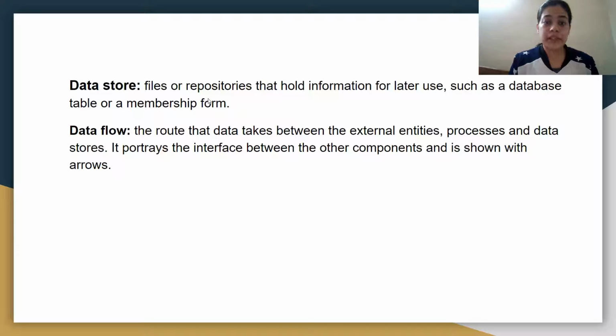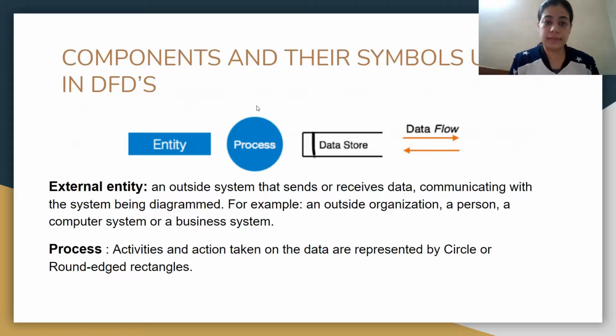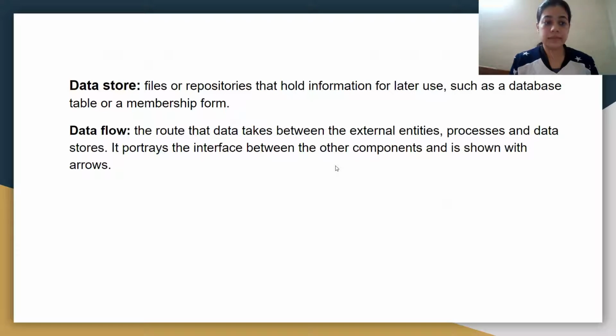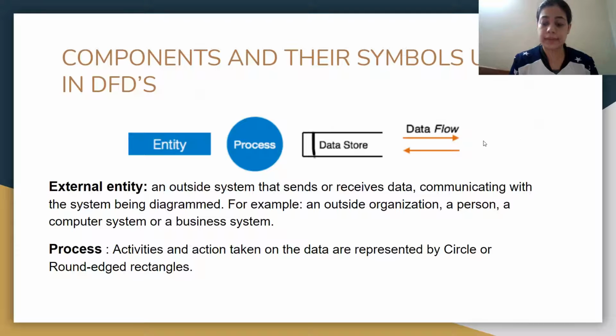Files or repositories that hold information for later use, such as a database table or a membership form. It is represented as shown. Data flow is the route that data takes between the external entities, processes, and data stores. It portrays the interface between the other components and it is shown with the help of arrows.